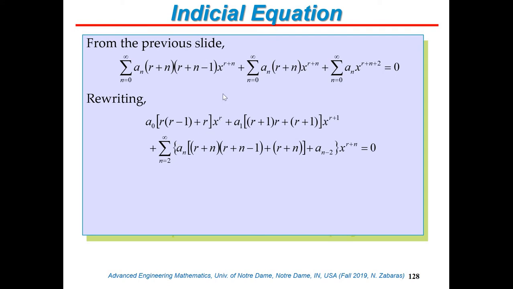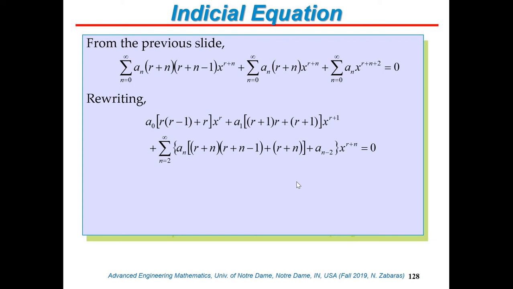So this multiplies x to the power r. And then we're going to have an a1 r plus 1 times r, which is this. And then an a1 times r plus 1 coming from the second power series expansion multiplies x^(r+1). And notice this thing starts with n equal to 0, it starts with x to a power r plus 2.